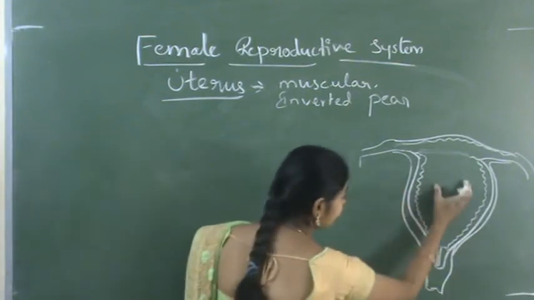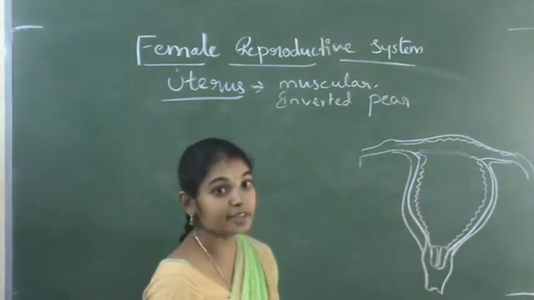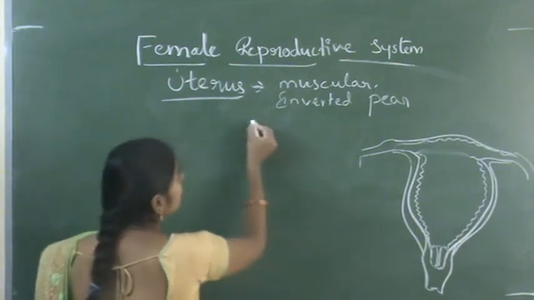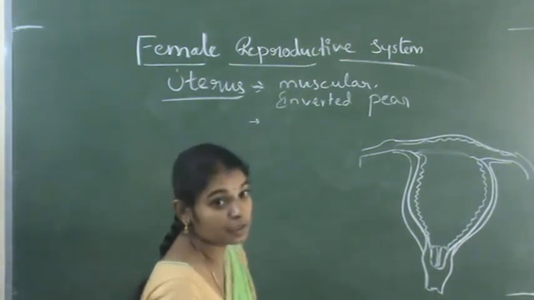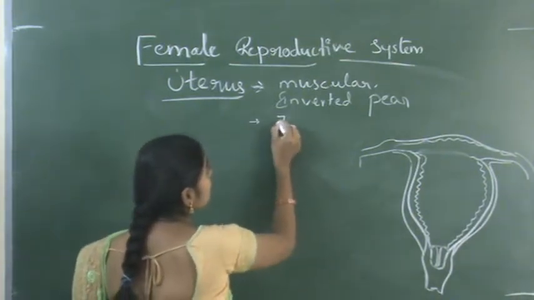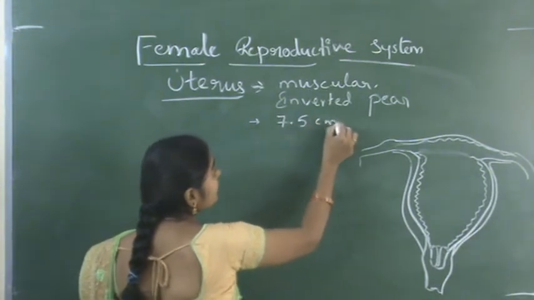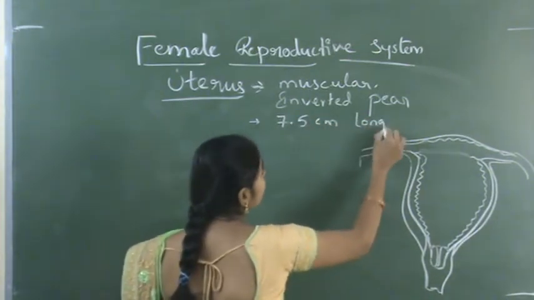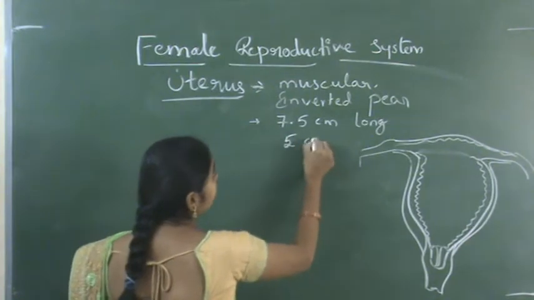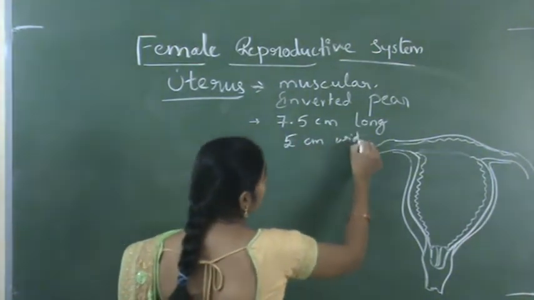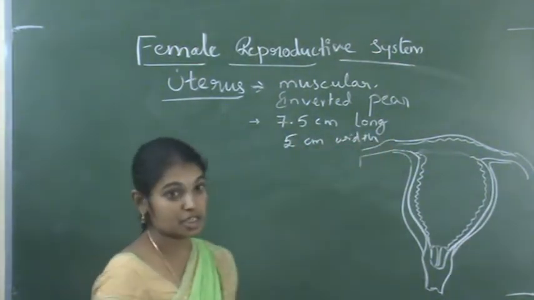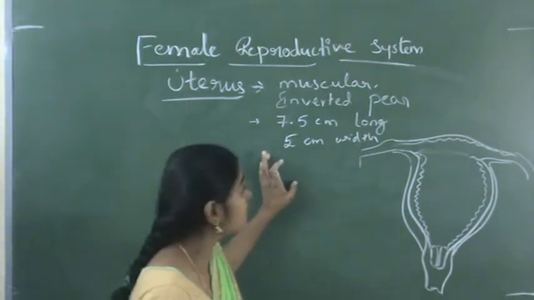The size of the uterus in normal adult female human beings is about 7.5 centimeters long and 5 centimeters wide. So this is the size of the uterus.